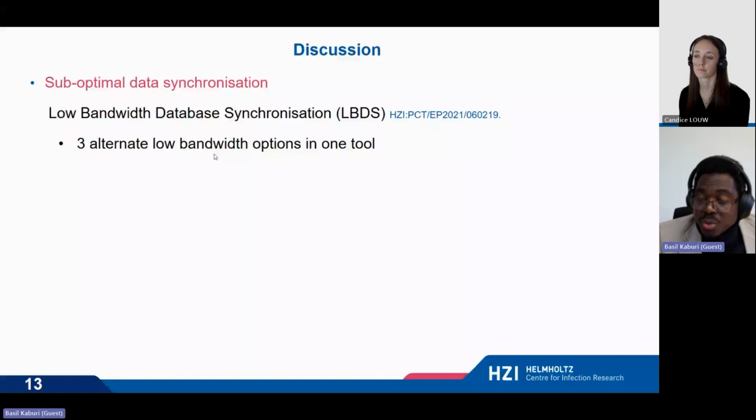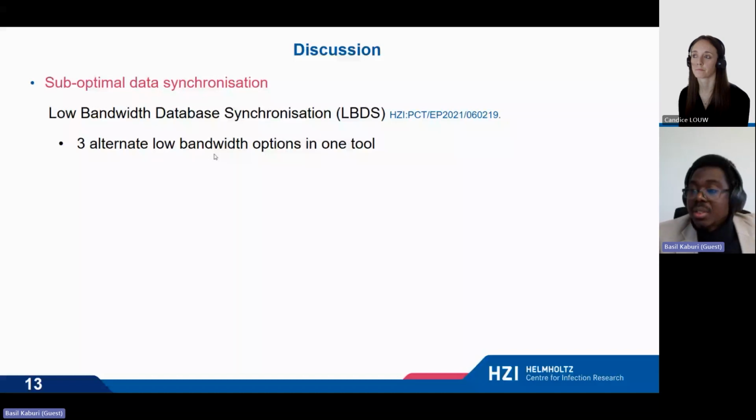And so the inventors as well developed a supportive tool called the low bandwidth database synchronization system, which, if used in tandem with SORMAS, could enable users to synchronize data at lower bandwidths without having to have the best of internet.